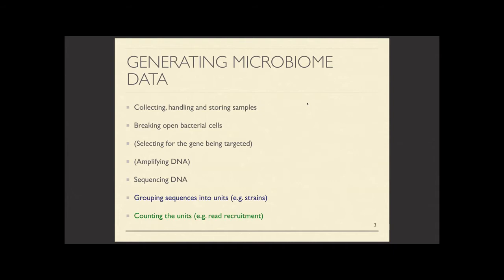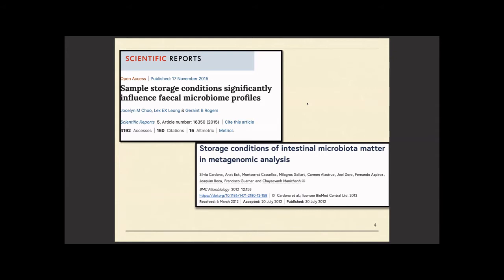But a really important question that I think has been underexplored by the microbiome literature to date is, what is the impact of all of these upstream steps on those resulting count profiles or relative abundance profiles that we get at the end of all of these choices that we have to make? A look at the literature really quickly reveals that all of these steps have an impact. Sample storage and sample handling have an impact on resultant microbiome profiles.